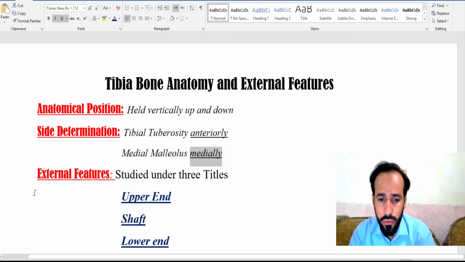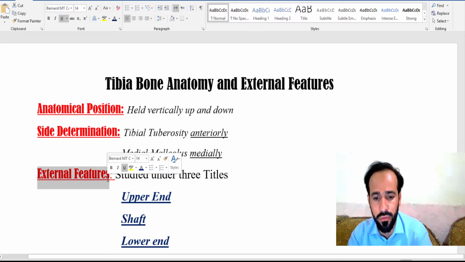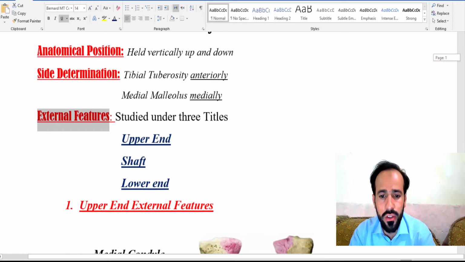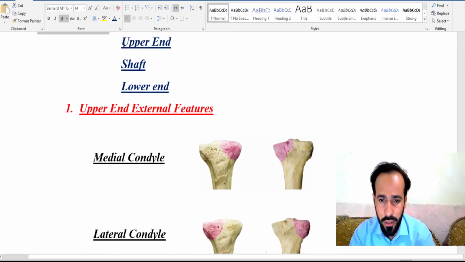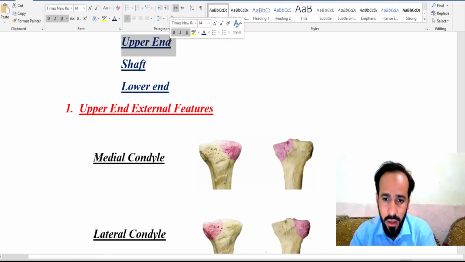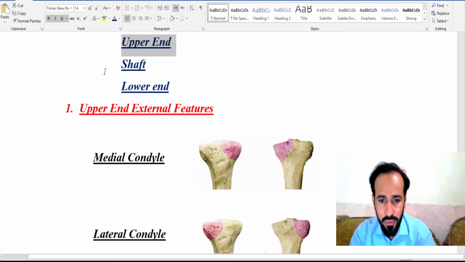Then let's go towards some external features of this bone. My dear friends, this bone is studied under three important titles, as it is a long bone. So it must have an upper end, it must have a shaft, right? And it must have a lower end.